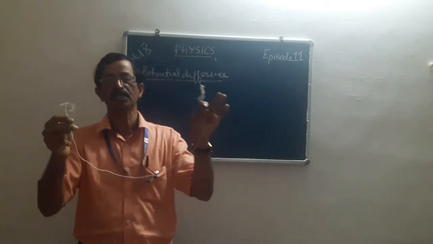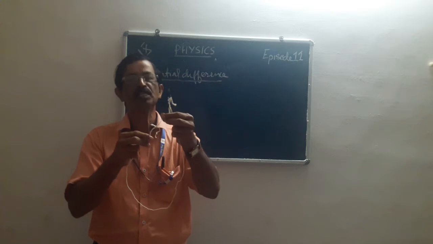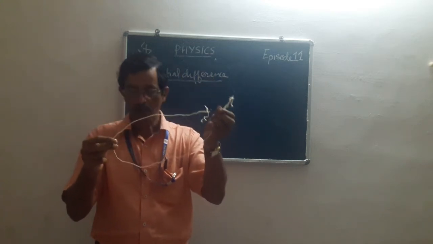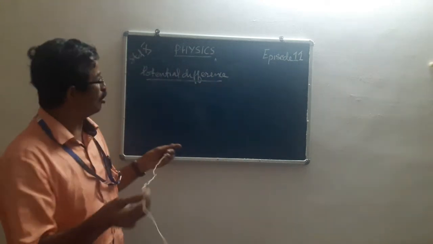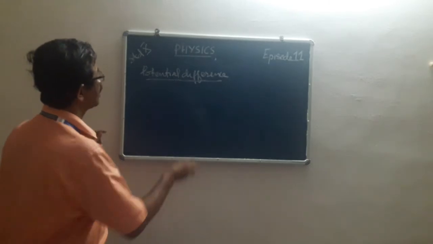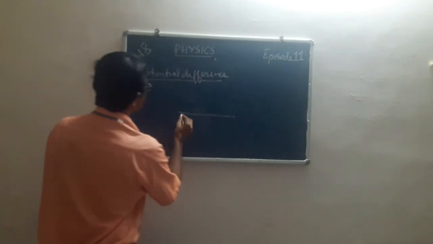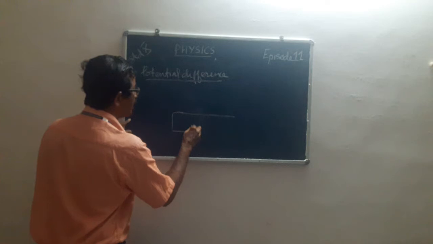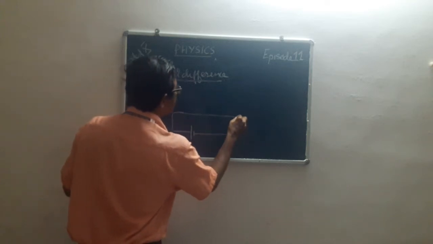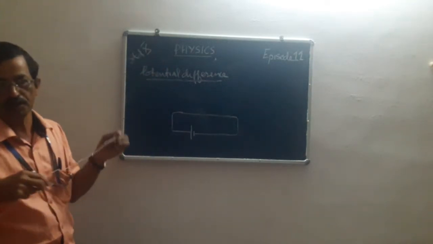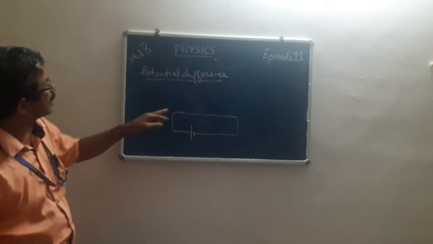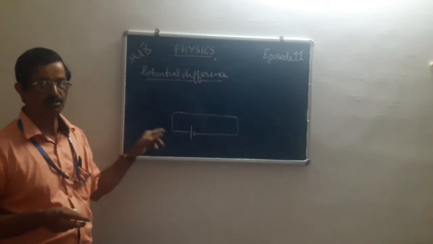It will be 0. Average drift speed in this will be 0. Okay. Now, if on this conductor we connect it to a cell, now the cell is the external source. Now the external source is connected to this one.